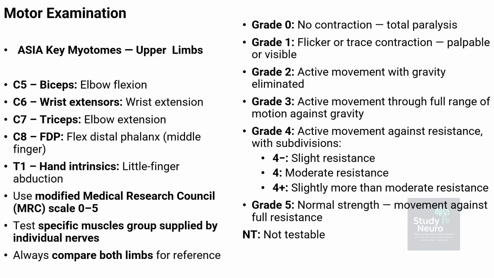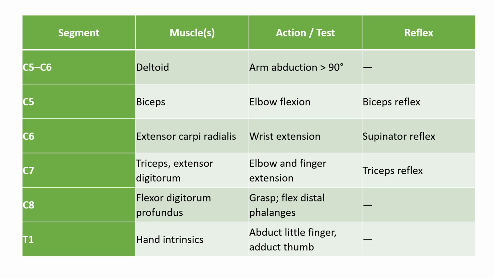Grade 4 represents movement against resistance and is subdivided into slight, moderate, or slightly more than moderate resistance, while Grade 5 is normal strength against full resistance. If a muscle cannot be tested, it is recorded as not testable. This structured approach allows you to pinpoint the level of injury, quantify weakness, and track recovery over time.